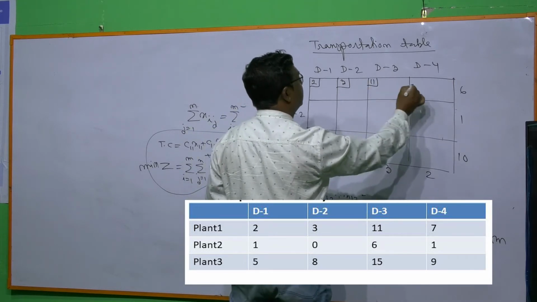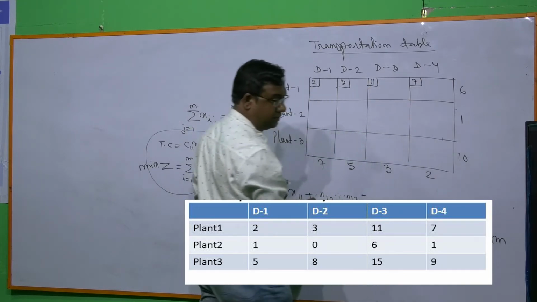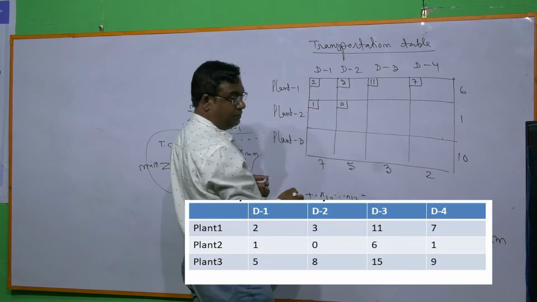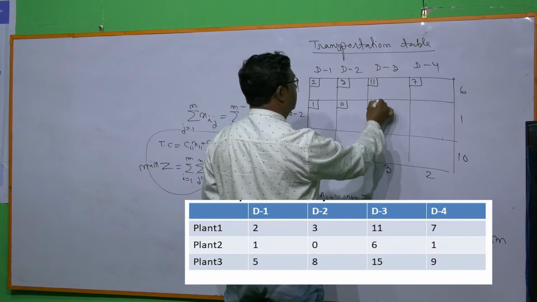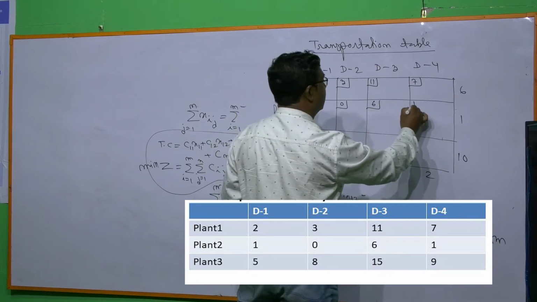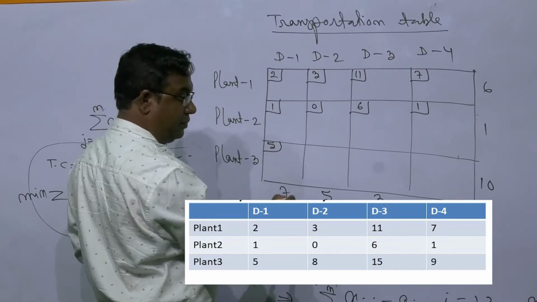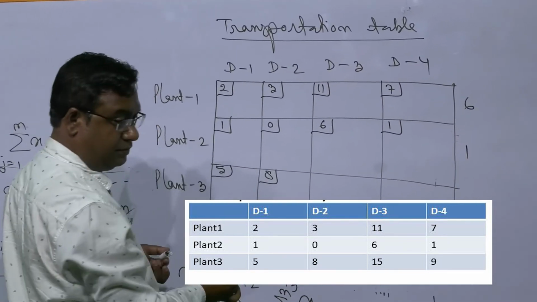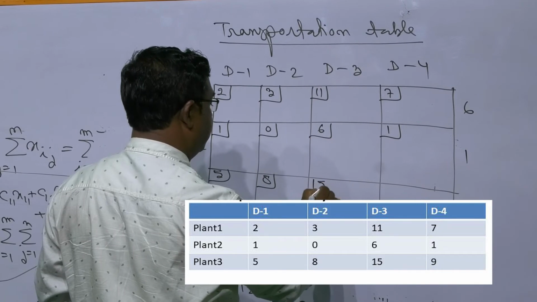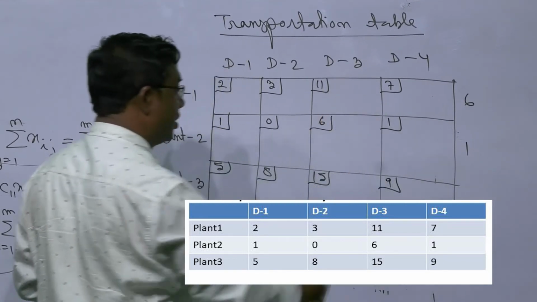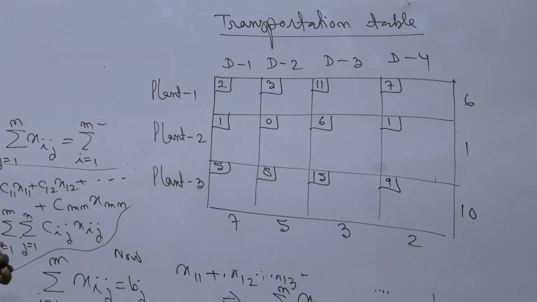This is 11, next is 7, then 1, this is 0, the next is 6, next is 1, then this is 5, then 8, this is 15, next is 9. So these are the transportation costs.